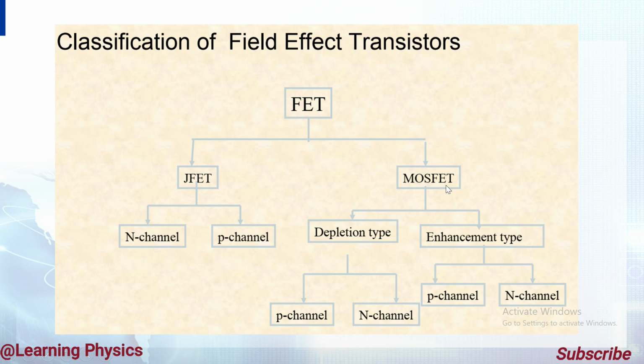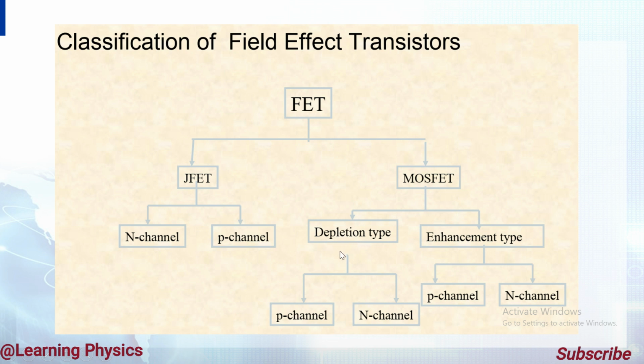And if we talk about the MOSFET, it has two types. It's a depletion type, in which channel material is present, and an enhancement type, in which channel material is absent. In depletion type we use some kind of semiconductor material or transition metal dichalcogenides as a channel material for switching.